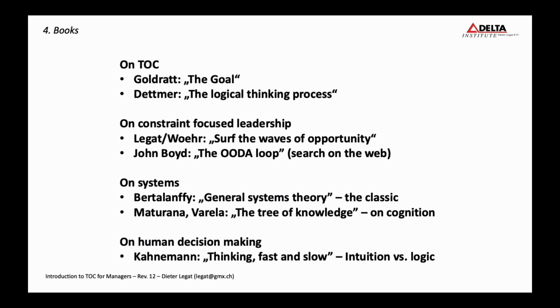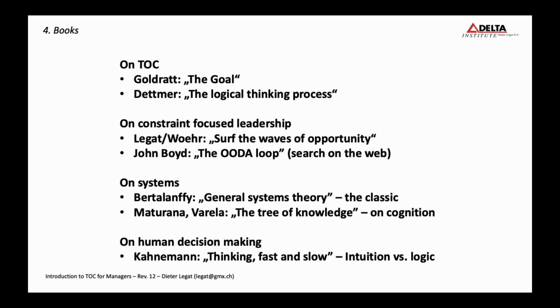On systems, there are two books that I like very much. Bertalanffy's General Systems Theory is the classic. I mean, he wrote it in the 20s, but he forecasted so many things that were later developed and created the basic platform for all following people on systems theory.